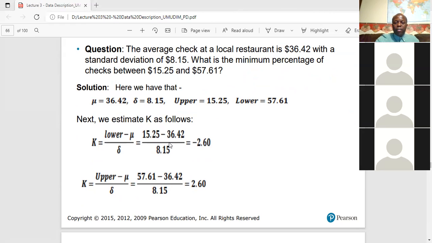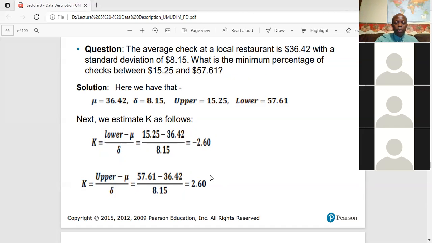I'm going to put this in the calculator so you can see how I got this. Remember, a negative sign means that it is on the left side, not that it's lower, because we're using absolute values here. So if the answer is negative, it means that it's on the left side.